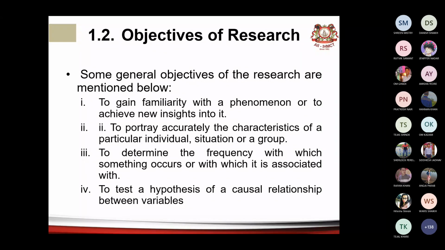A particular age group visits Cafe Coffee Day, CCD, or in a particular situation a particular group will behave in a certain way. So say there are 2 groups, highly intellectual, not so intellectual, and to test the emotional quotient, both are exposed to certain things, and how will this group and that group behave?